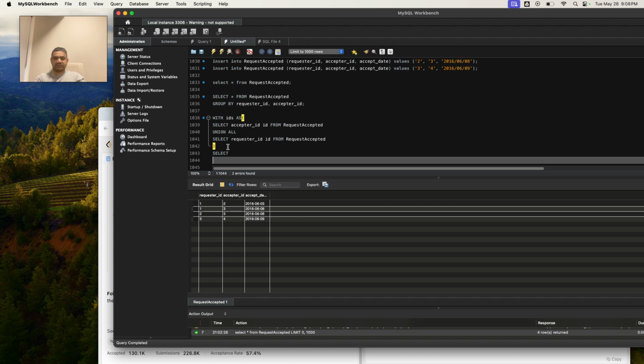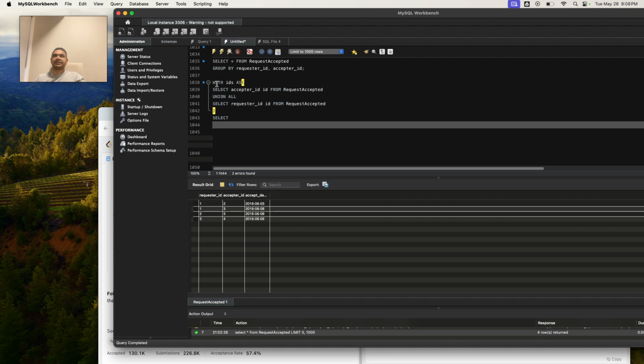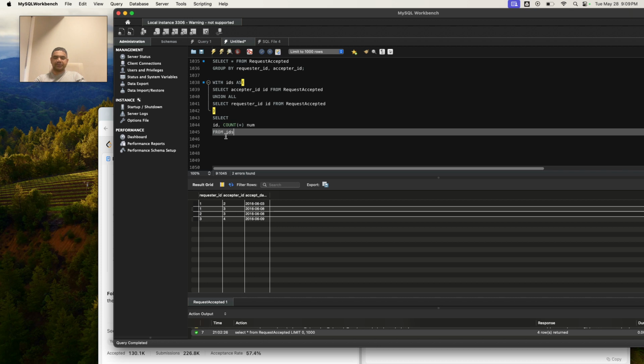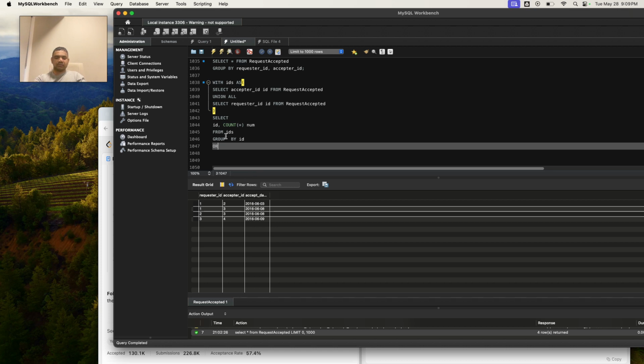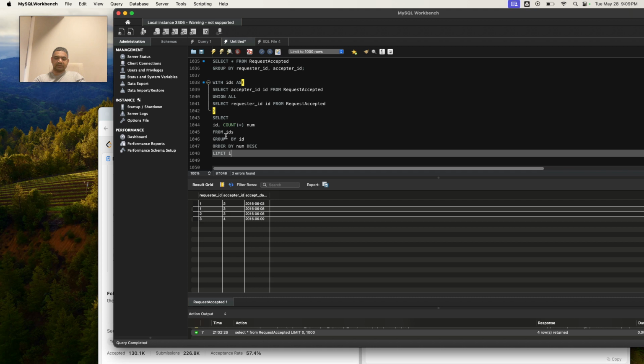Then select the ID from here, and count star will count all the numbers, from IDs, group by ID, order by num descending, limit 1.